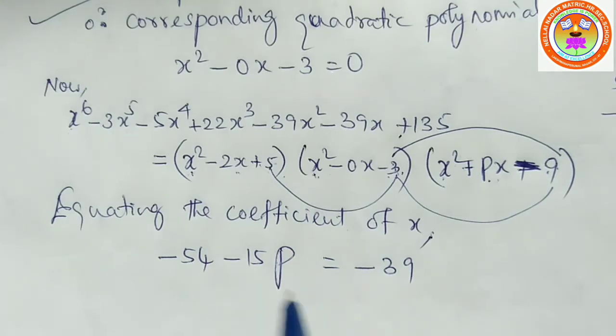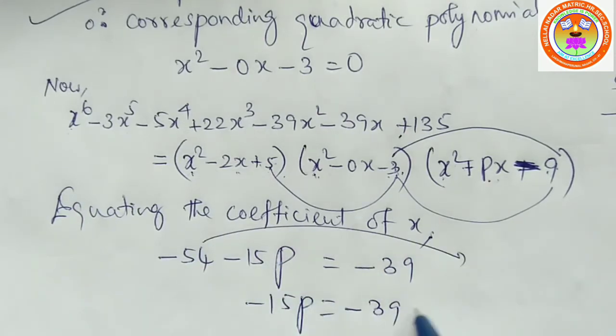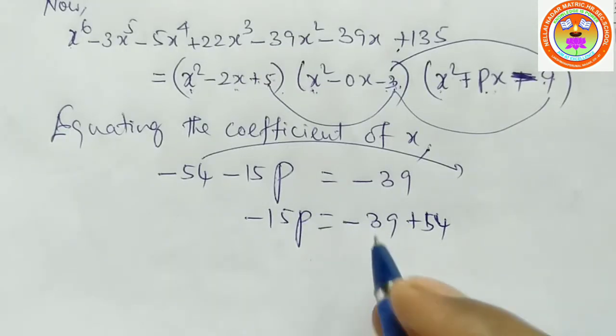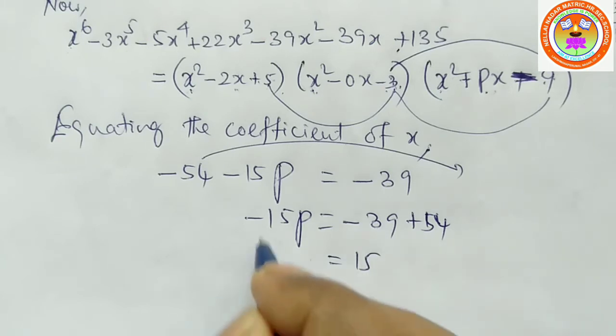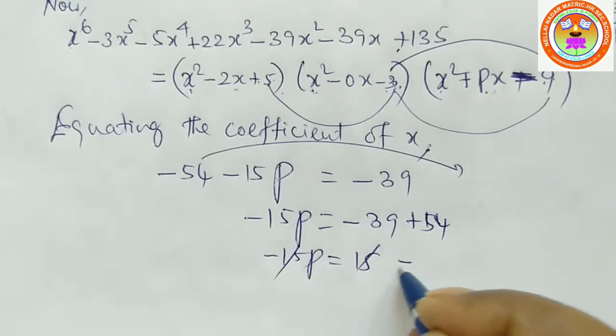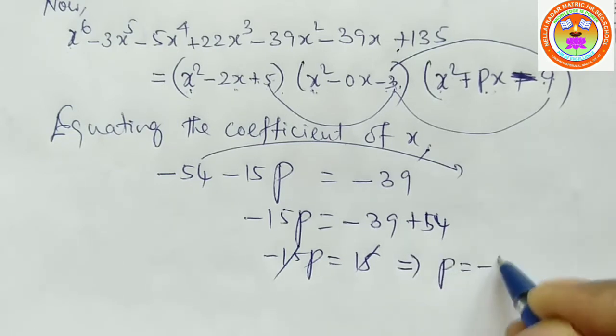Okay. Now minus 15p is equal to minus 39 plus 54. Bring this 54 to this side. It will become plus 54. So 54 minus 39, that is 15. This side we have minus 15p. 15 cancel. That means p is equal to minus 1.